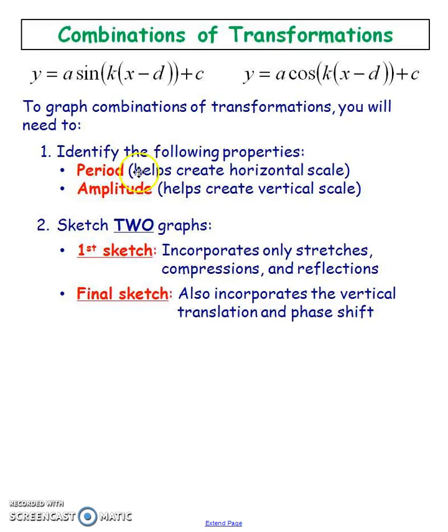So these two are very dependent on your A and your K value. You could always sketch the original with maybe some stretches and compressions first and then reflections. Then your final sketch should include the vertical and horizontal translations.